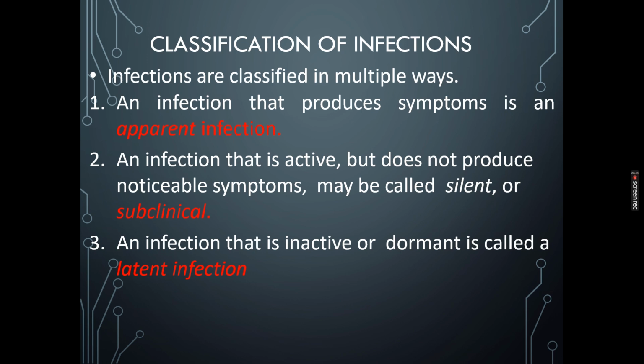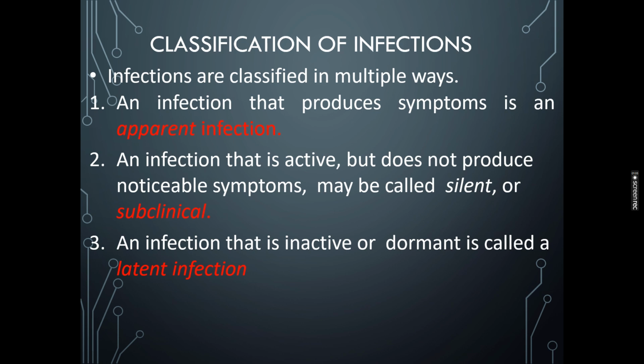Classification of infection. First is the apparent infection. So what is an apparent infection? An infection that produces symptoms is an apparent infection. Then an infection that is active but does not produce noticeable symptoms may be called silent or subclinical.